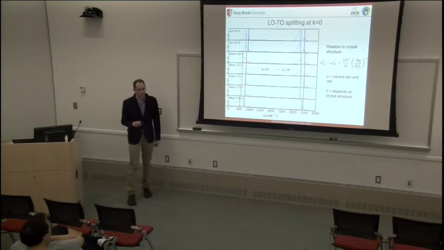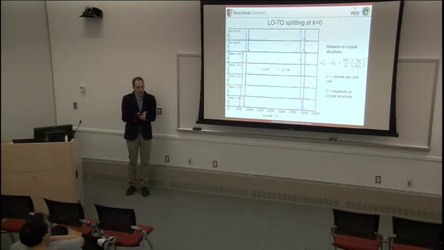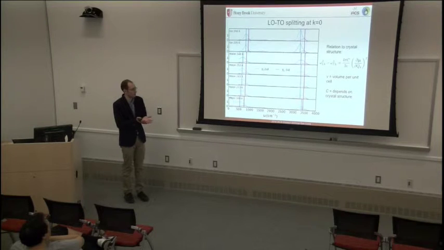That's very important because LOTO splitting indicates that you have the generation of a macroscopic electric field in your system. So it's considered to be due to long-range correlations and motions in the material.